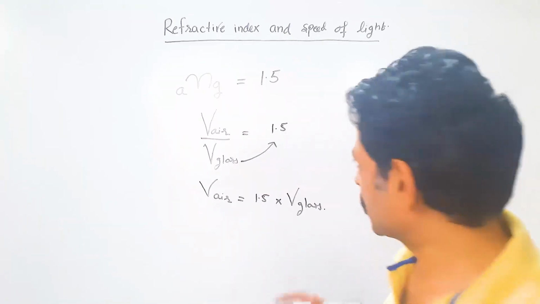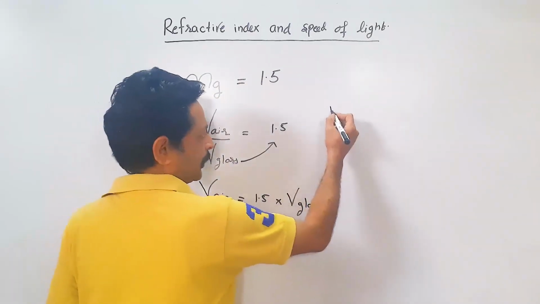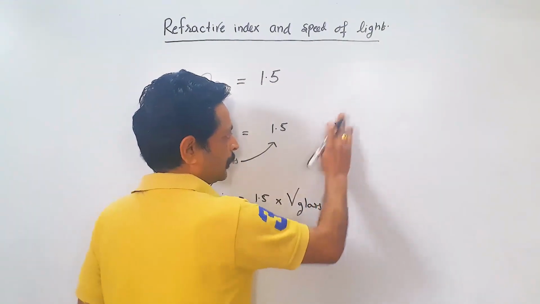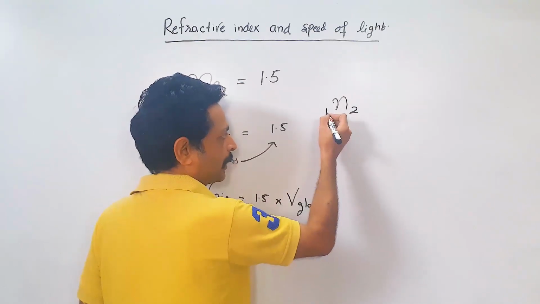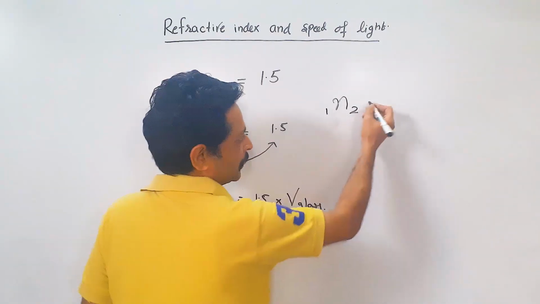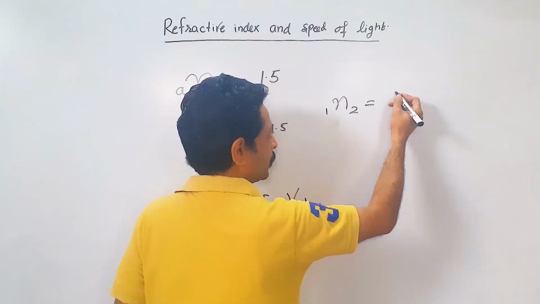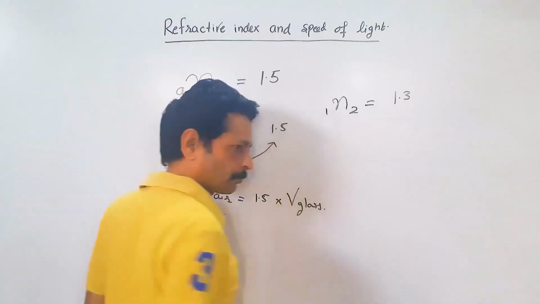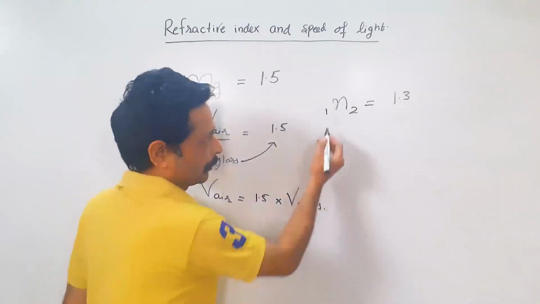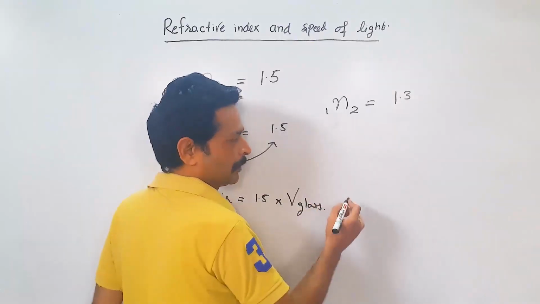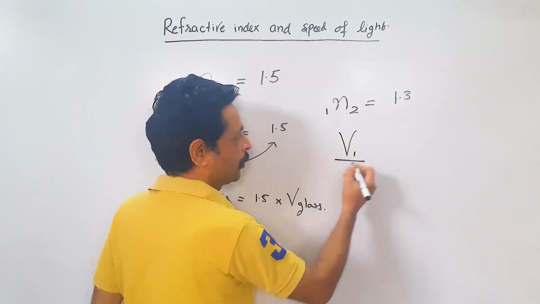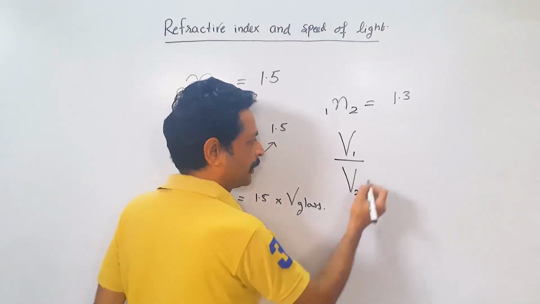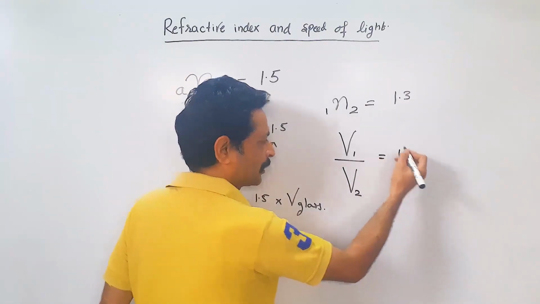If it is given that the refractive index of second medium with respect to first medium is say 1.3, then we will apply the formula: speed of light in first medium over speed of light in second medium is equal to 1.3.